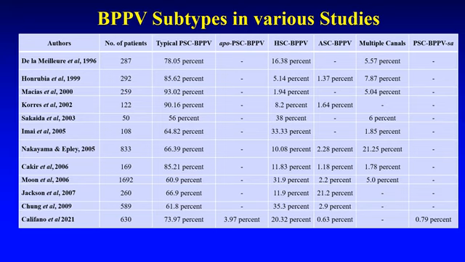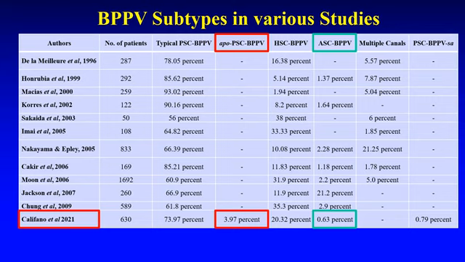So BPPV subtypes in the various studies, mostly at the tertiary dedicated vertigo clinics. It is important to note that in 2021, Califano showed that Apogeotropic Posterior Semicircular Canal BPPV is around 6 times more common than the anterior semicircular canal BPPV. So now the commonest cause of peripheral positional downbeat nystagmus is Apogeotropic Posterior Canal BPPV and not anterior semicircular canal BPPV.